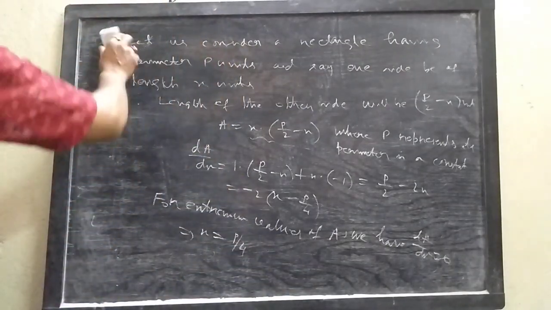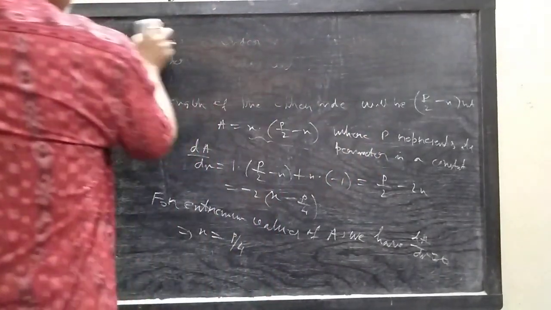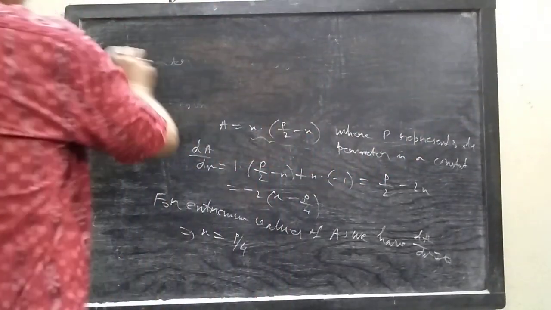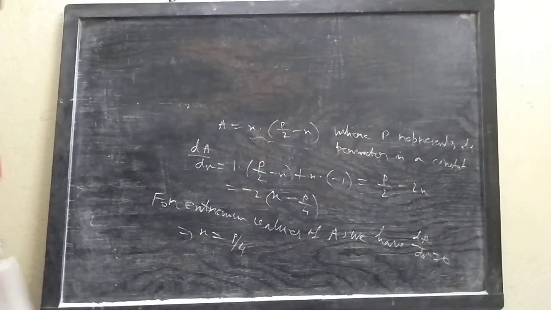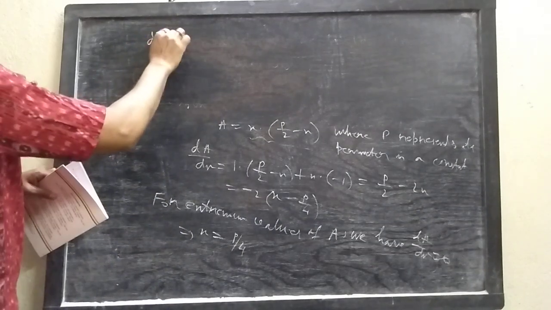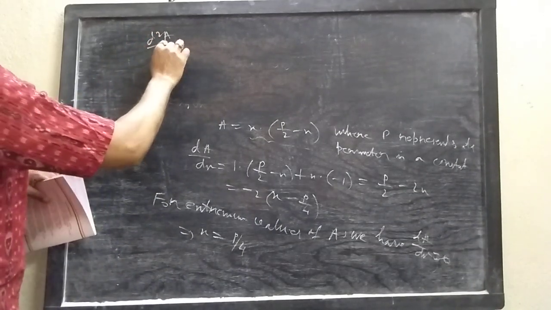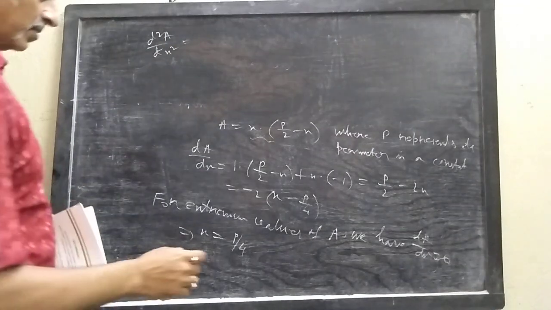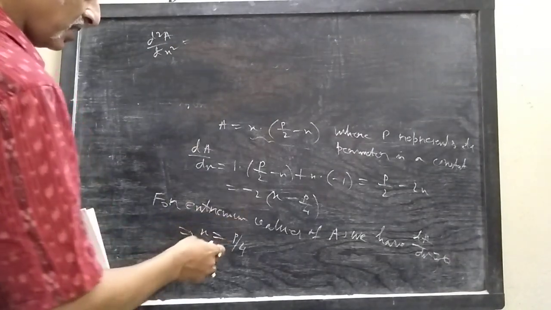Now we have to find the double derivative, d2A/dx2. What is d2A/dx2? This is minus 2.